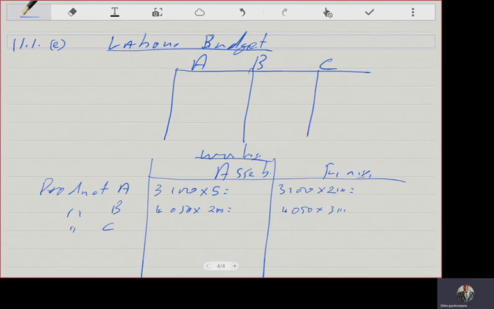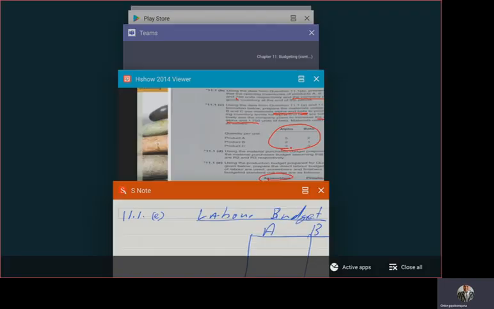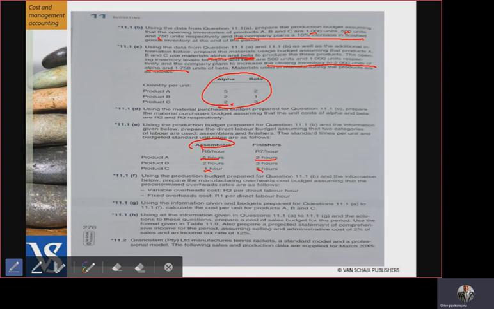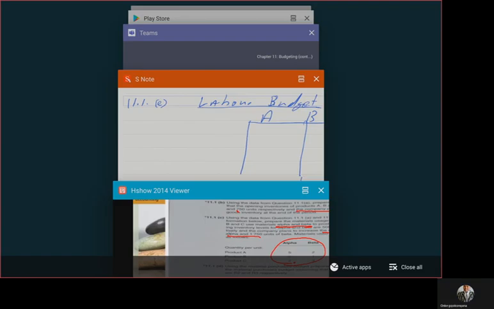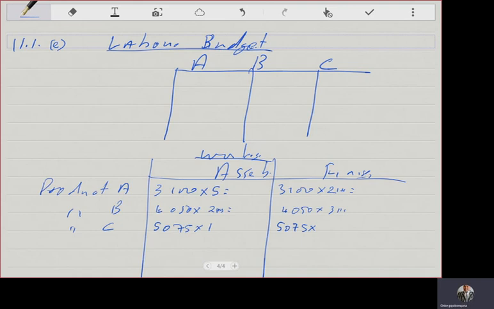Then for product C, you've got 5,075, times the number of hours. Go and check the hours. You've been given 1 hour and 3 hours. Times 1 hour and 3 hours. Then see how many hours you have.